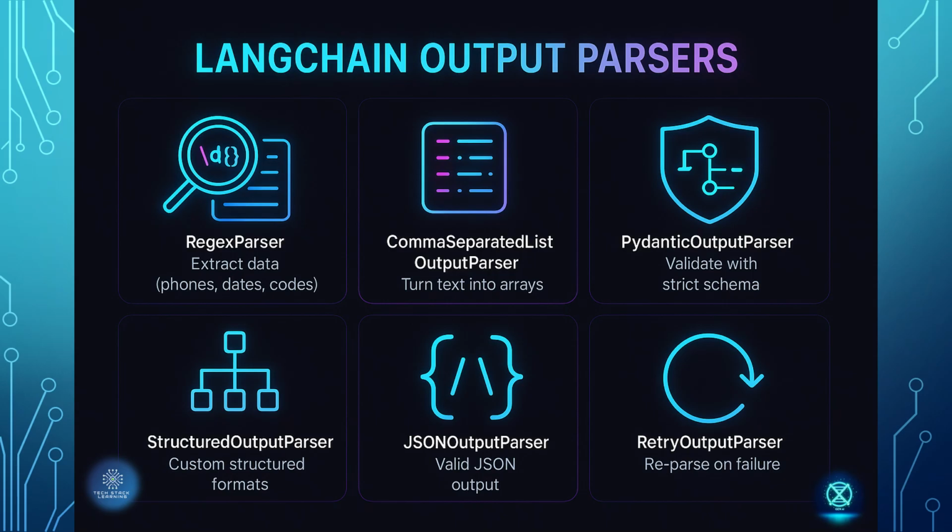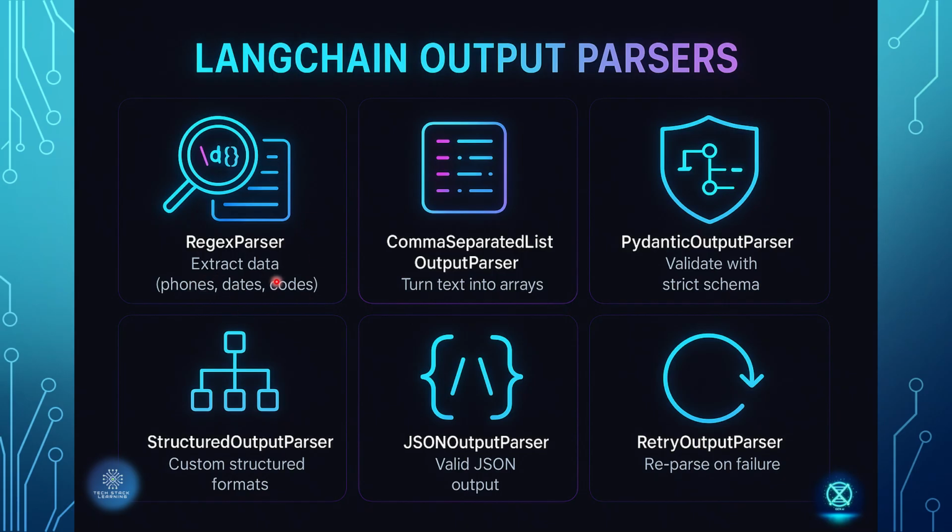Now let's see what the different types of output parsers are. I have taken six main output parsers which we usually use. The first one is the RegexParser. It extracts structured data from free-form text using regular expressions, for example phone numbers, dates, or any specific codes.